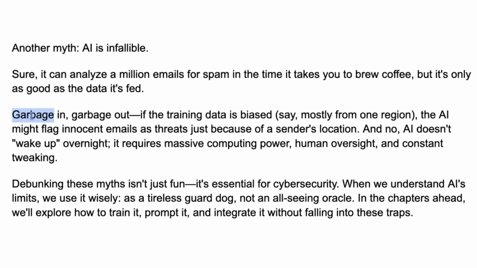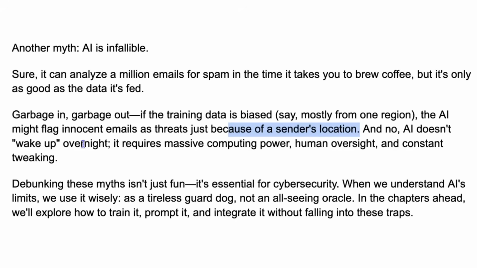If garbage is fed into it, then garbage will come out of it because it's just analyzing the data that you give it. So if the training data is biased, for example, coming from one region of the world or one region of a country, then the AI might flag innocent emails as threats because the sender's location is coming from outside of that specific location, let's say.